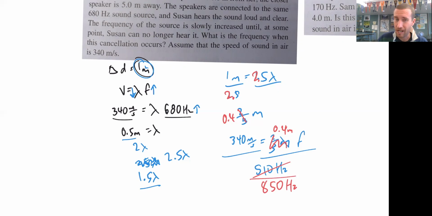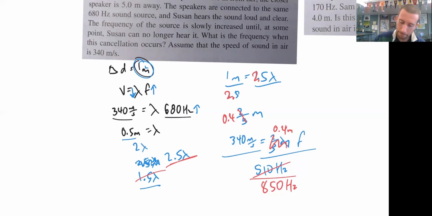Then I did a BS check and said 510 is not an increase of frequency from 680. So then I did it half a wavelength the other way, which is 2.5 wavelengths, and then redid it, and that gave me a valid answer, right? Now I've turned up the frequency to 850 hertz.